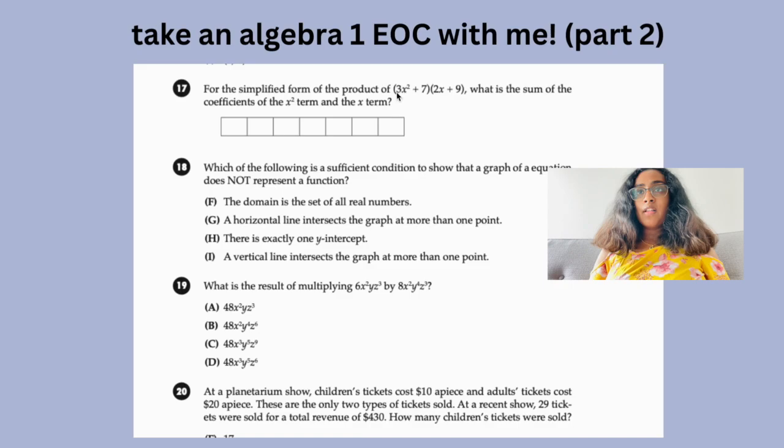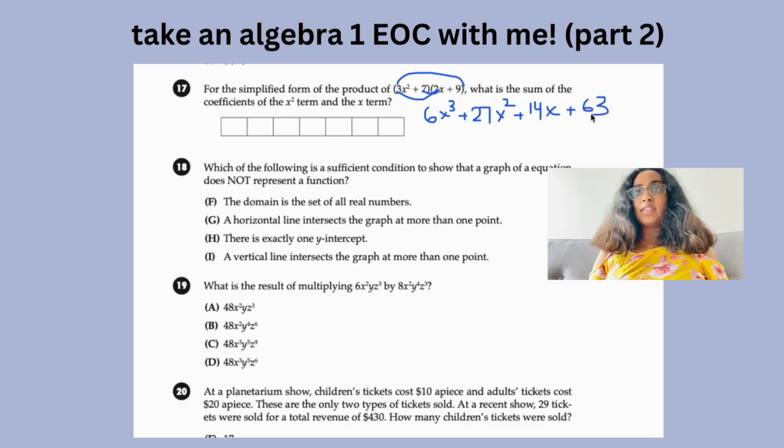So first, we have 3x squared times 2x, so we have 6x cubed. Next, outside, we have plus 27x squared. Then inside, we have plus 14x. And last, we have plus 63.